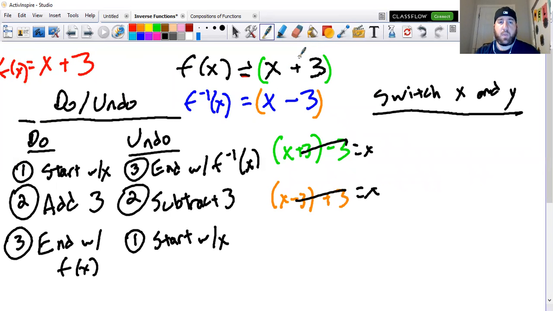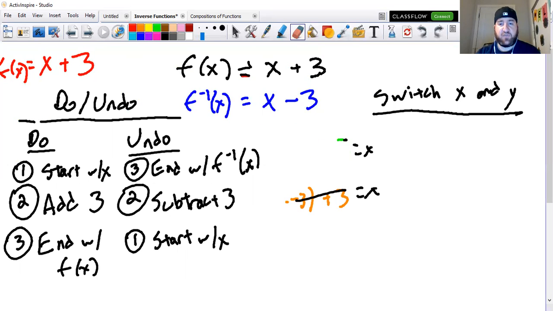Again, it's not something you necessarily need to know, but I thought I'd throw it in there, because if you've seen compositions of functions in class already, it can make sense. If I have inverse functions, I should be able to plug each function into the other one, and everything eventually cancels out and leaves me with just x.